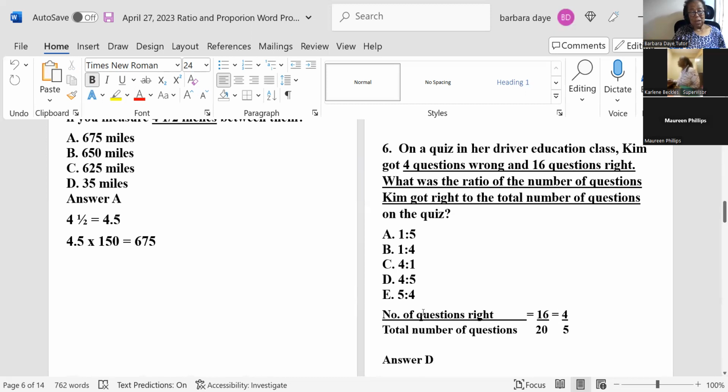So if the ratio of the questions right to total number is 4 over 5, then the number of questions wrong to the total would be 5 over 5 minus 4 over 5, which is 1/5. That's the quickest way because you already got the ratio of questions right to total number.